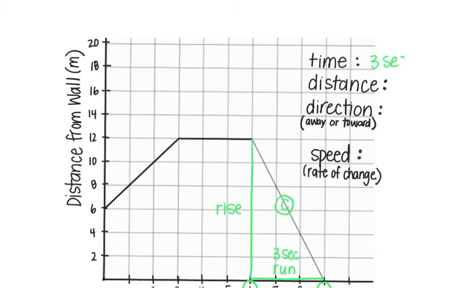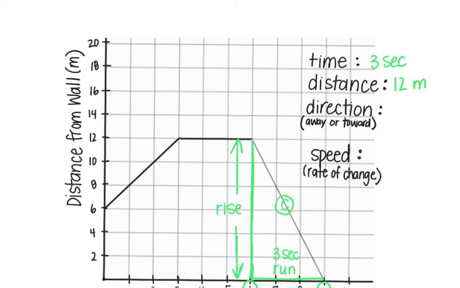In terms of the distance, we're looking at a rise that is beginning right at the top here at 12 and going all the way down to 0. So that means that we have a distance of 12 meters. Kenny in this case has gone all the way back to the wall by the time this line segment has ended.